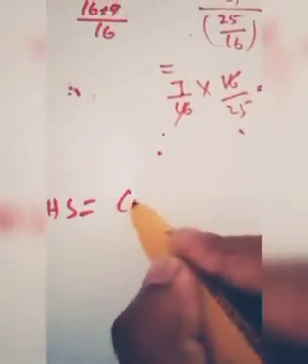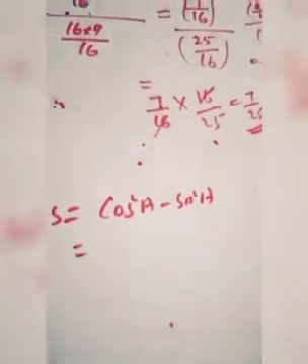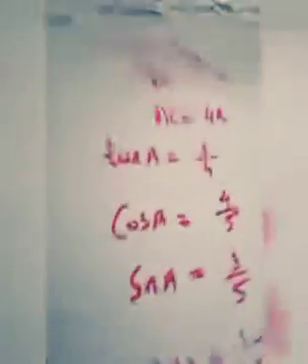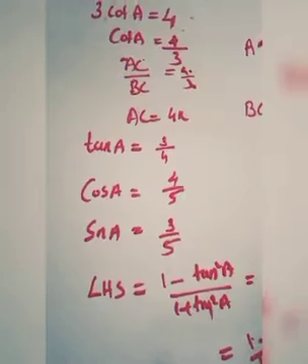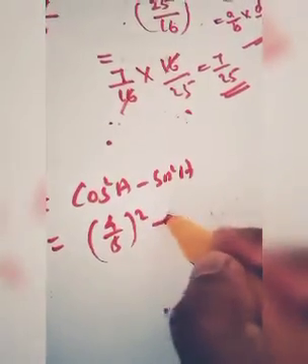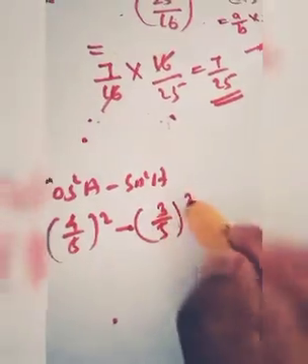So RHS is cos square A minus sin square A, and we have the values of cos A as 4 by 5 and sin A as 3 by 5. So cos square A will be (4 by 5) whole square, and sin square A will be (3 by 5) whole square because it's square.